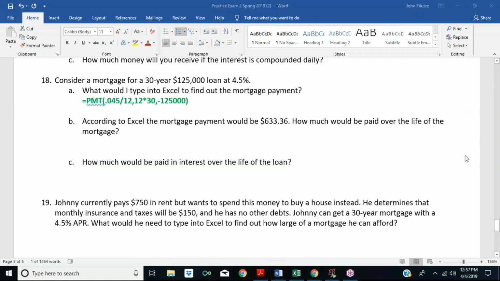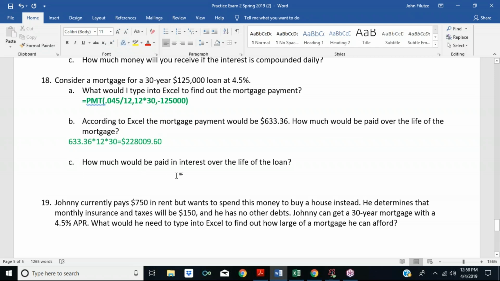So the question is, how much will they pay over the life of the loan? And so we just take the payment times how many payments did they make? Well, 12 a year times 30 years. We gotta take a minute and multiply that. And then it wants to know how much will be paid in interest.